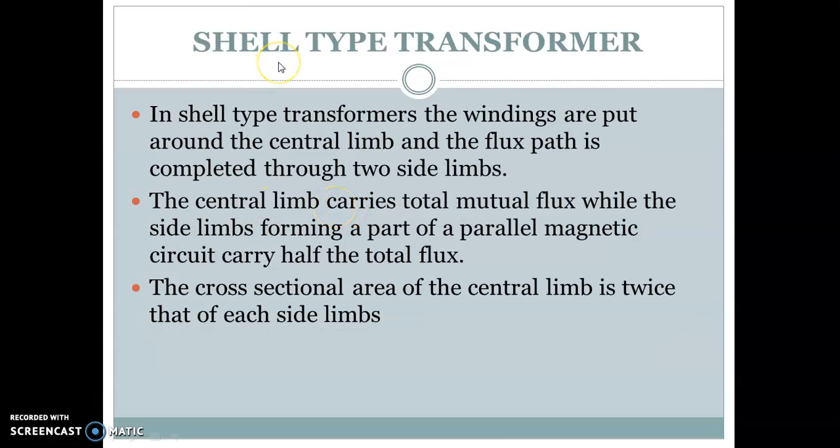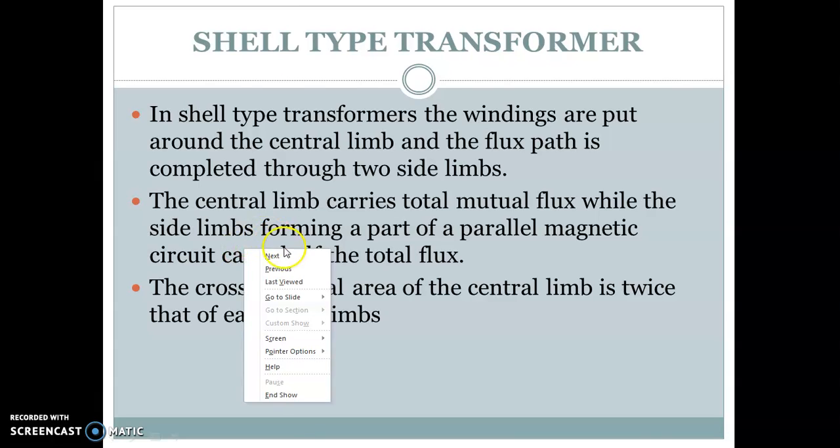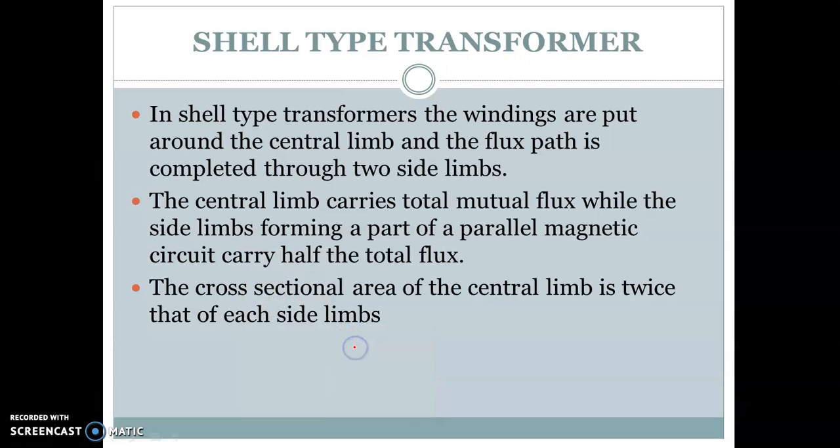Now the shell type of transformer. In the shell type, the windings are put around the central limb and the flux path is completed through the two sides.